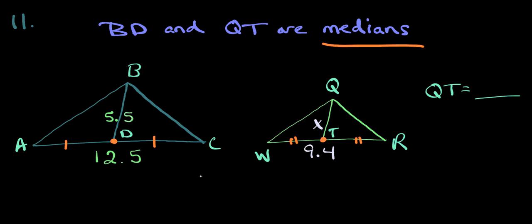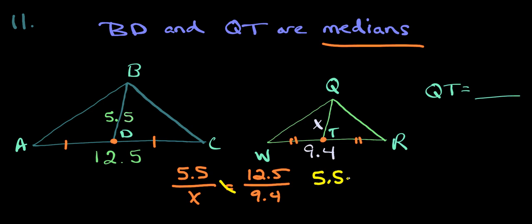And so what we can do is we can match up the 5.5 with the X, and then we can match up the 12.5 with the 9.4, and then solve. So let's go ahead and do some cross multiplication. So we'll have 5.5 times the 9.4, and that's going to be equal to 12.5 times x.